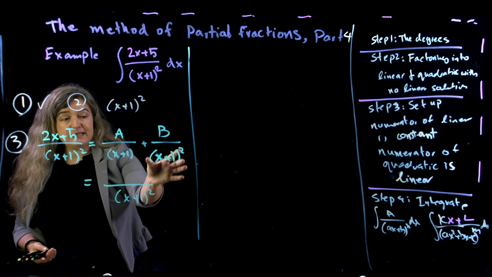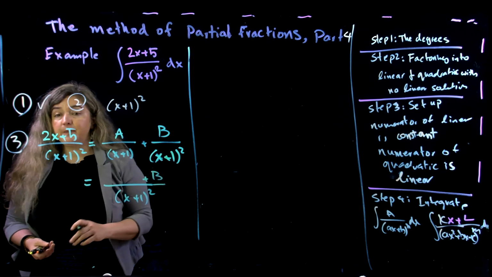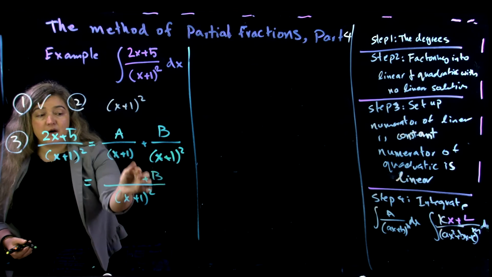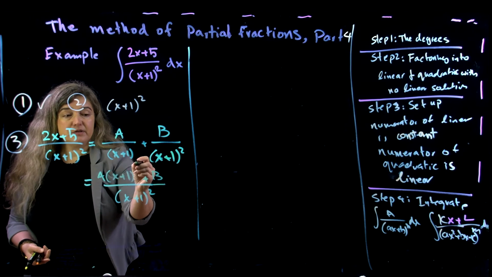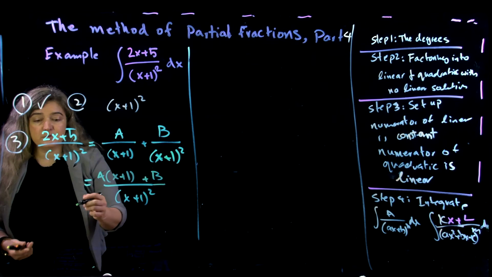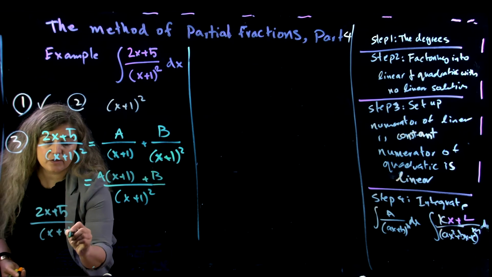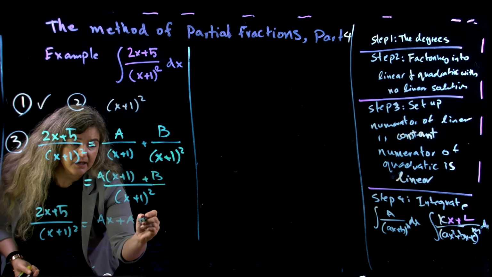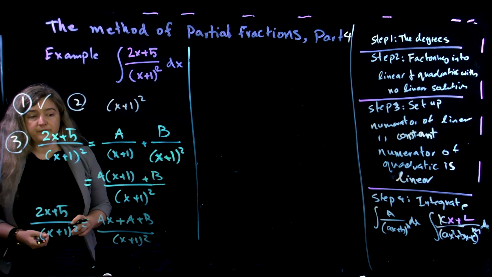So this fraction goes unchanged, plus b, and this fraction is multiplied by x plus 1 top and bottom. The bottom is already written down, and I write x plus 1 to power 1. Now clean this up, and what I get is 2x plus 5 over x plus 1 to power 2 is equal to ax plus a plus b over x plus 1 to power 2.